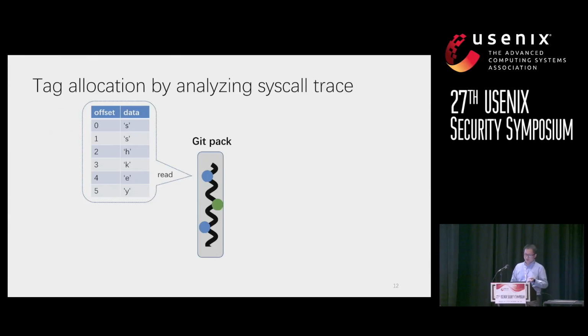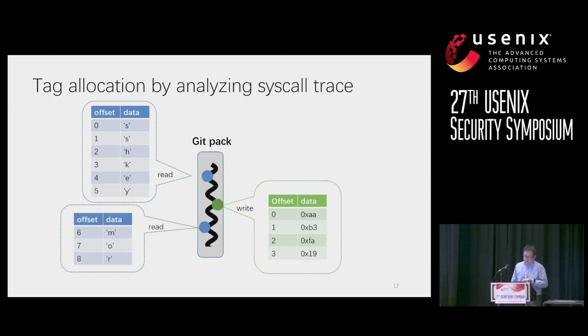For example, if there's a read syscall with 6 bytes of data read to the memory space of the git pack process, and then there's a write syscall which writes to the object file, and our target is to track this data flow, then instead of using the 208 bits, we only need 3 bits to identify the sources of this data flow tracking.